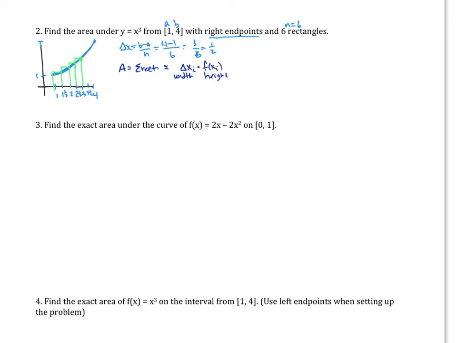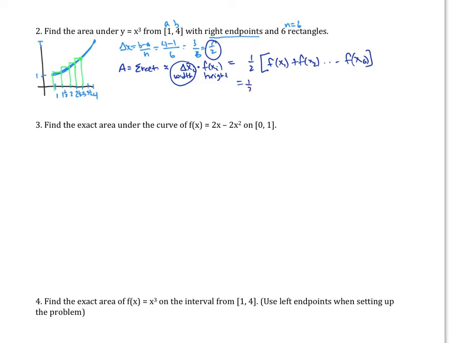for each one. And then here I can take this out because the width is going to be consistent as 1/2 for each of them, and then I'll get my f of x1 in this case, and I will substitute these in, right, plus f of x2 all the way out to f of x6 right here.